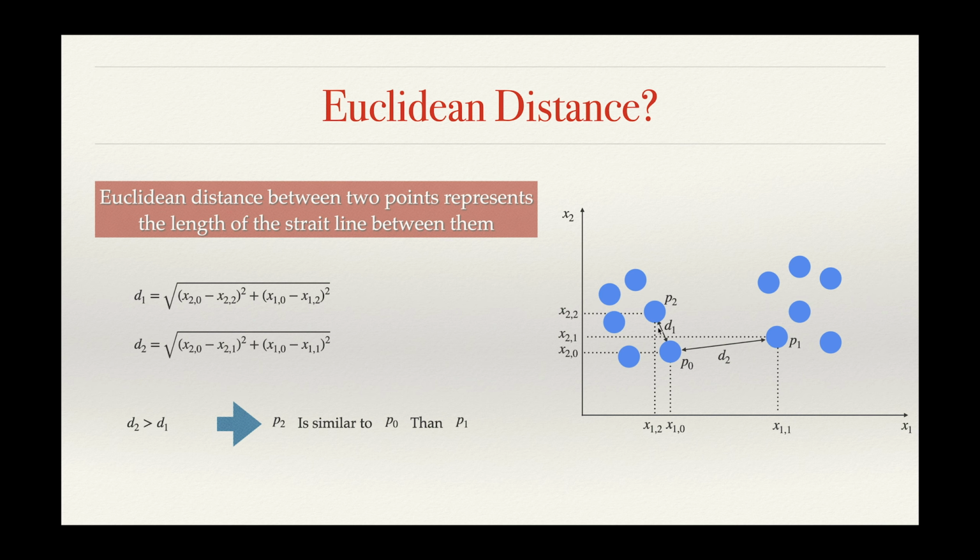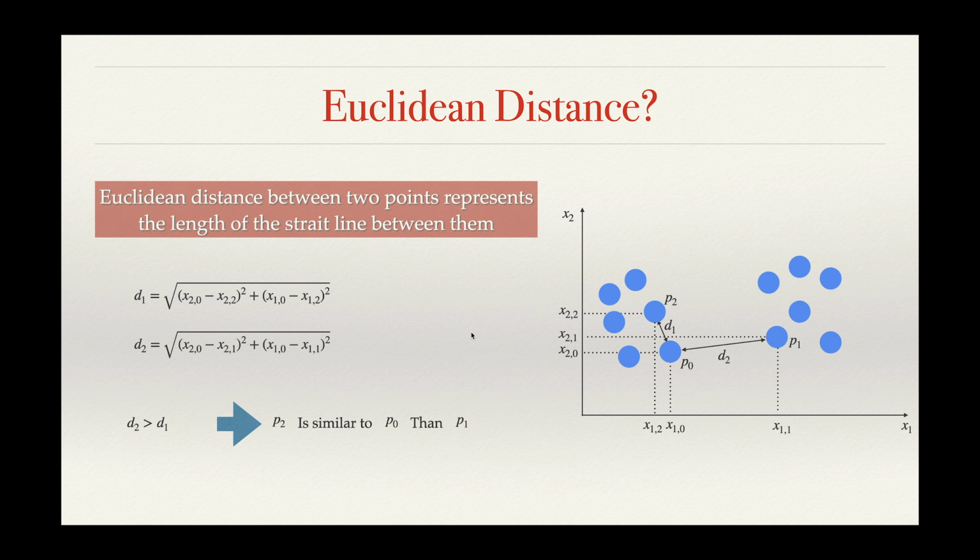The length of this line here, which is D1, is our Euclidean distance. It is the square root of the sum of the squared differences. If we have more dimensions, we will also sum the squared difference of each dimension.